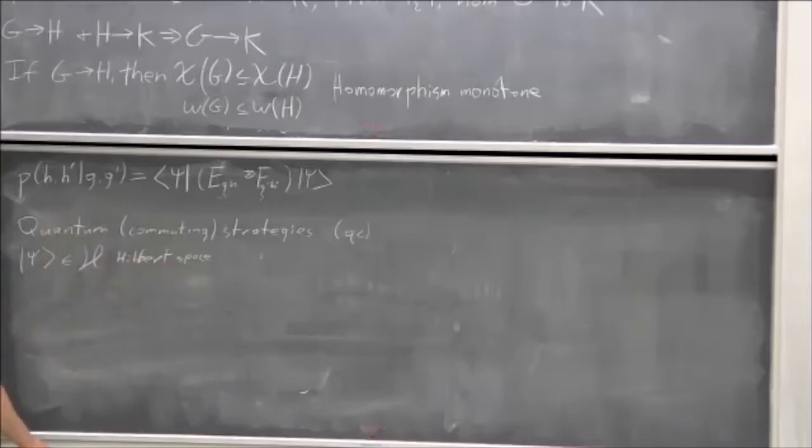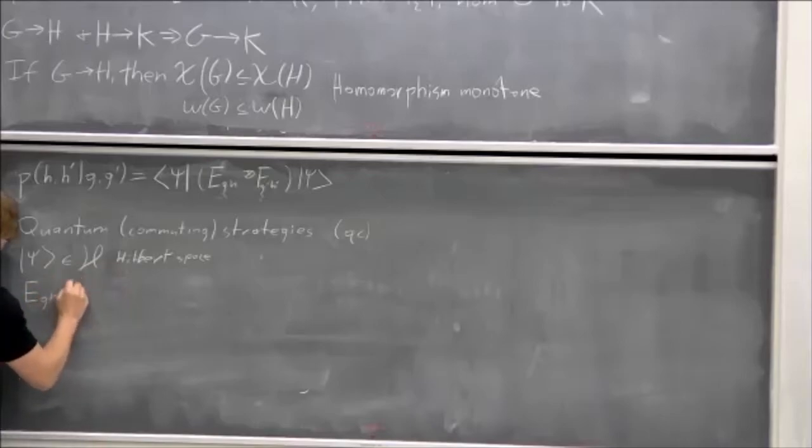Okay, so this is some arbitrary Hilbert space, and now we have these measurements, but there's no partition of the space here, right? Before, we kind of had a partition of the space, there's a CDA and a CDB. Here, there's just one space, and then we have these E_gh's and the F_g'h's, right?